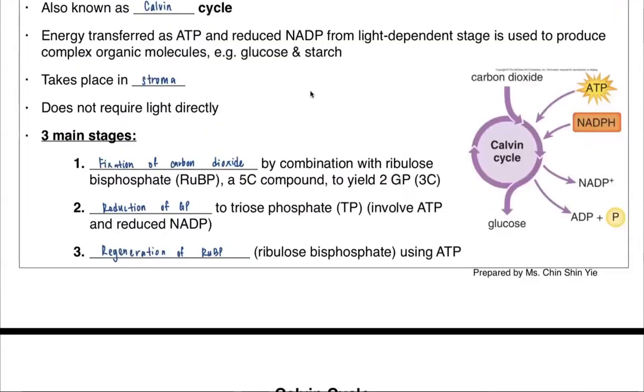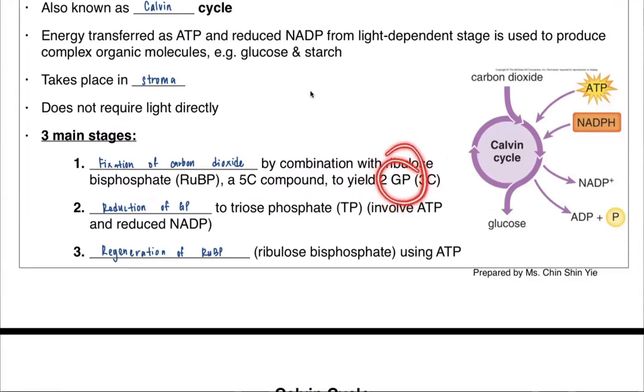There are three main stages, namely fixation of carbon dioxide. Basically you fix carbon dioxide with an organic compound that is originally present in the plant. We'll look at more detail later. Ultimately what you get is a 3-carbon compound. I don't remember the name, we'll come to it.